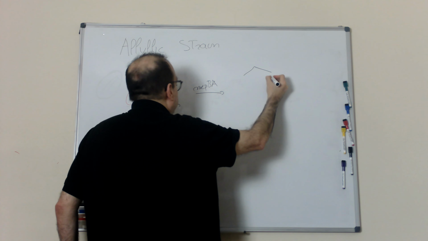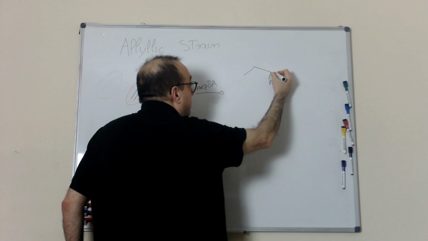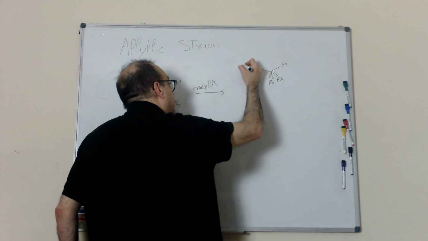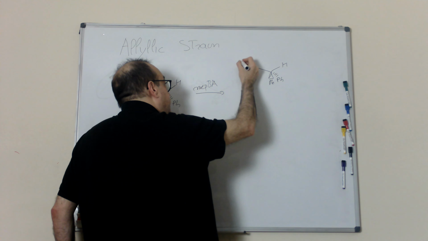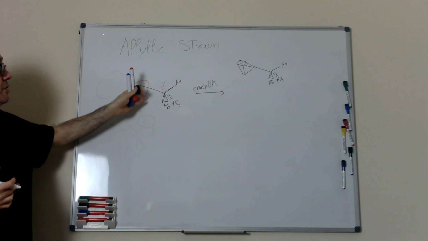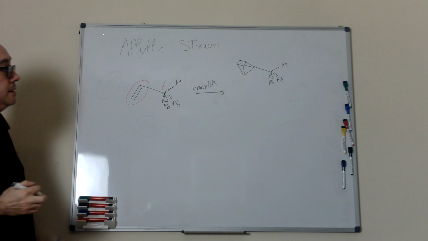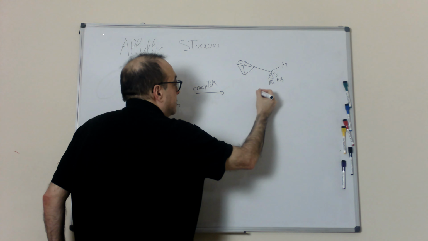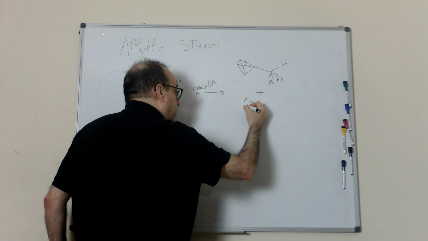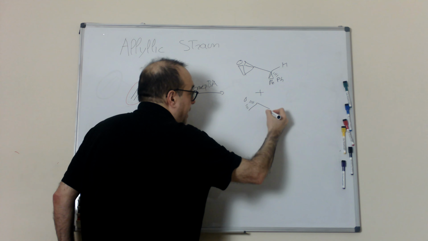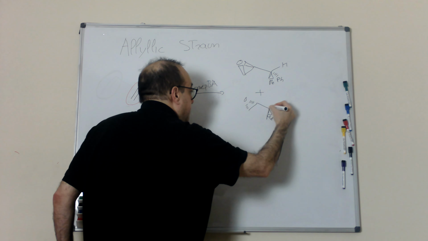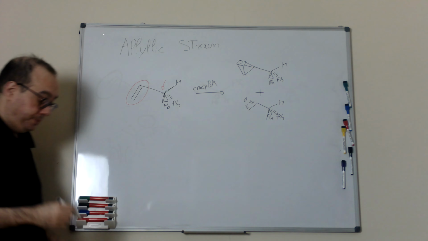The first one will be the epoxidation that took place from the face of the double bond that is in front of the slide, and I get this epoxide, or I can get just the opposite: the epoxidation takes place from behind the slide, and I get this final product.